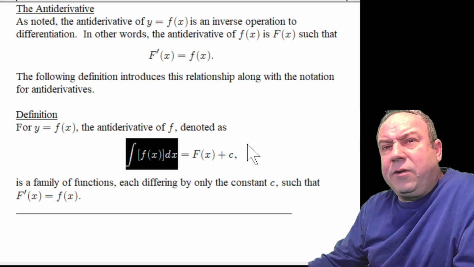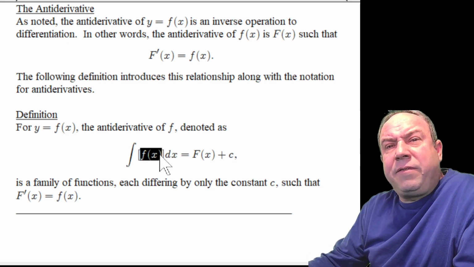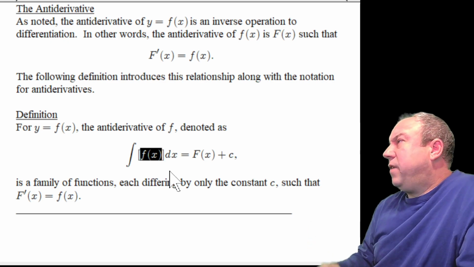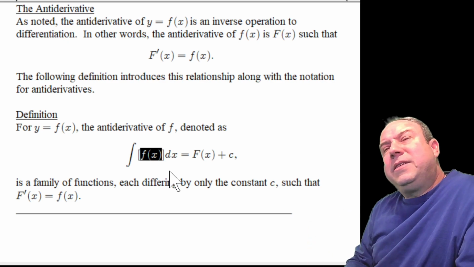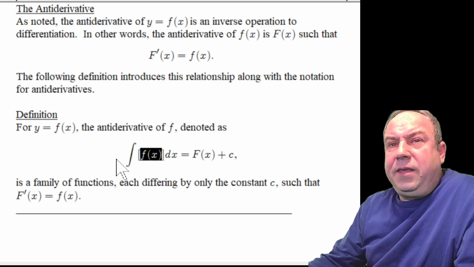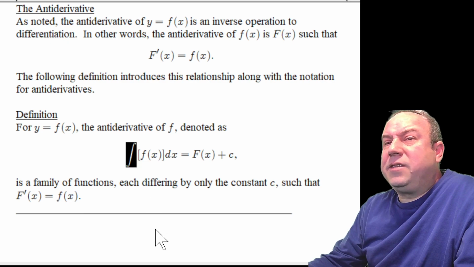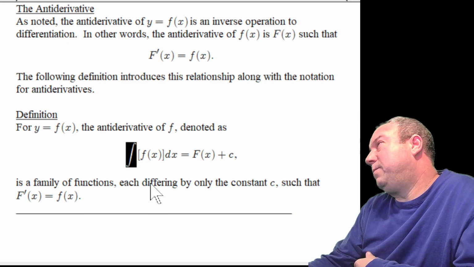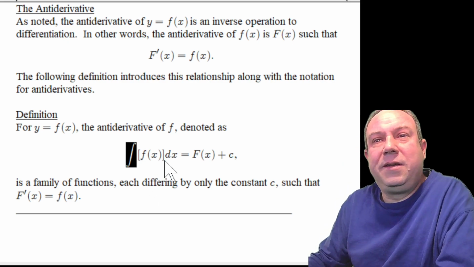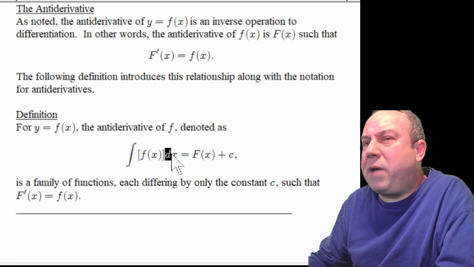What we have here inside the brackets is function f of x. And what we're applying to function f of x is the antiderivative operator. The antiderivative operator being this integral symbol, the antiderivative symbol here, that is happening with respect to variable x.